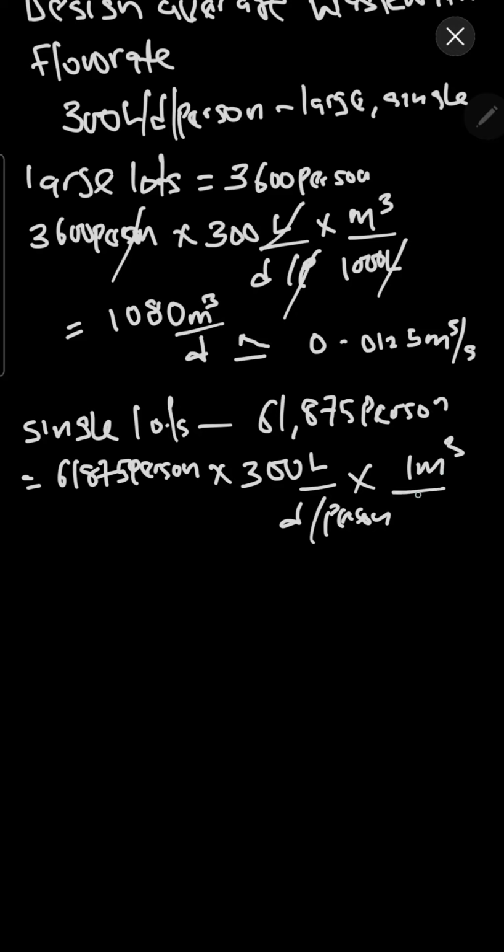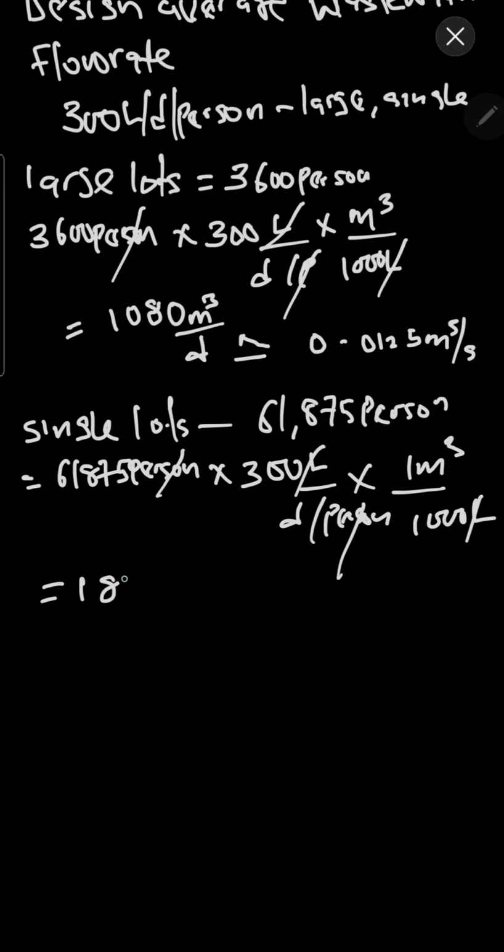Times 1 cubic meter per 1,000 liters, that is 61,875 times 300 divided by 1,000.